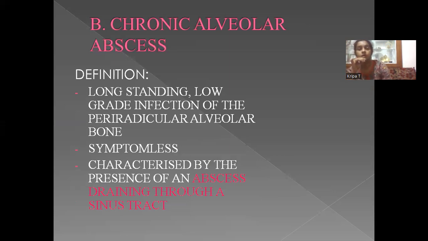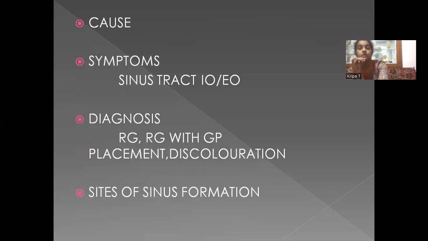Next is chronic alveolar abscess. This is a long-standing low-grade infection of the periradicular alveolar bone. Again, the patient is symptomless, characterized by the presence of an abscess drained through a sinus tract. The cause, as you all know, will be an extension of pulpal infection, an acute abscess which has turned chronic.